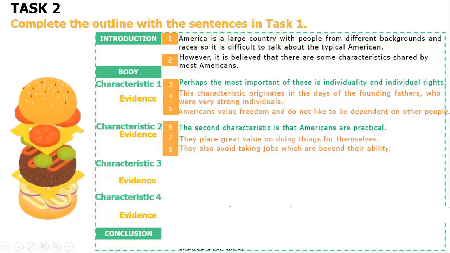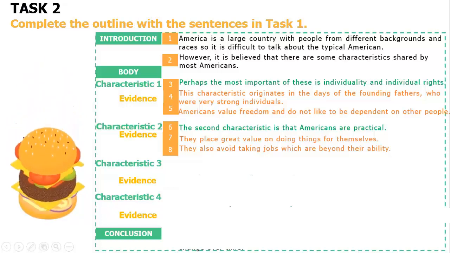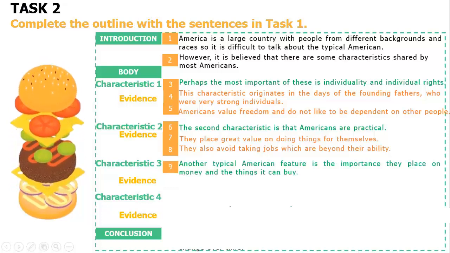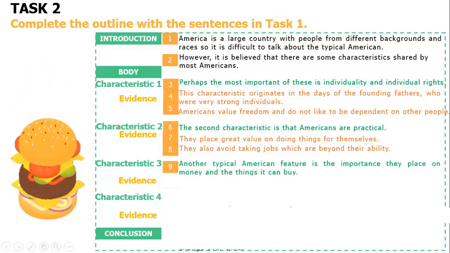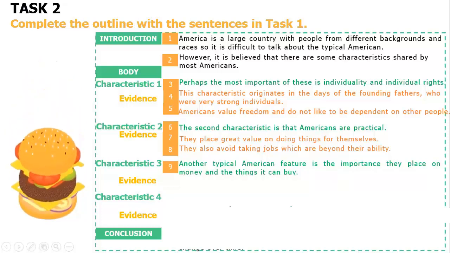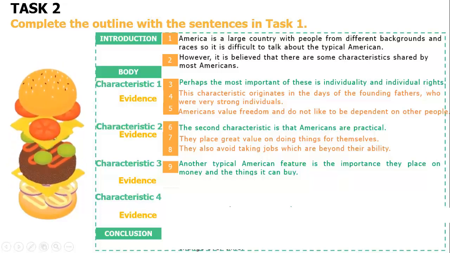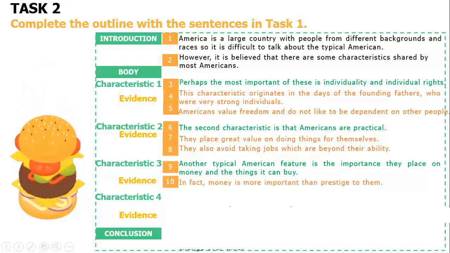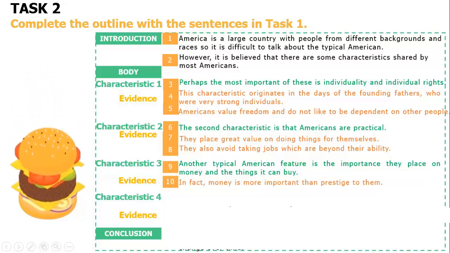We're filling this gap with sentence 9. Another typical American feature is the importance they place on money and the things it can buy. Its evidence is in sentence 10. In fact, money is more important than prestige to them.